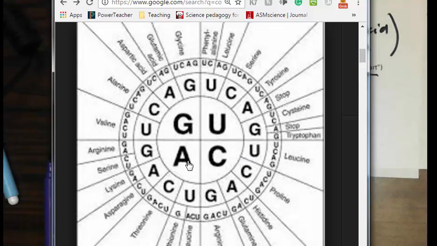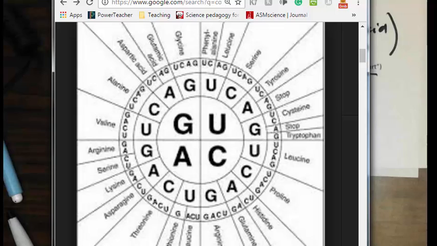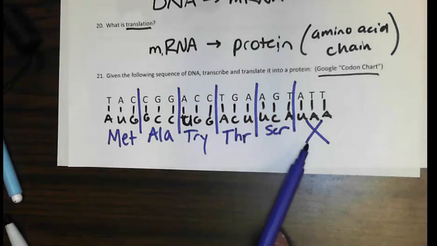Okay, U, G, G. Okay, this one was nice and not so tricky because it starts with a start codon and ends with a stop codon. But don't forget those rules, because you might see something on the test that could trip you up.